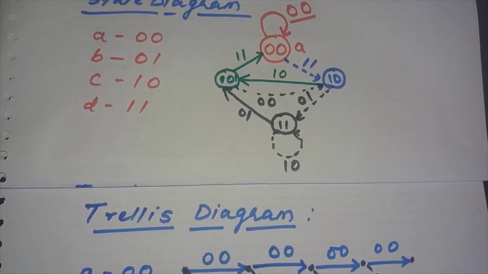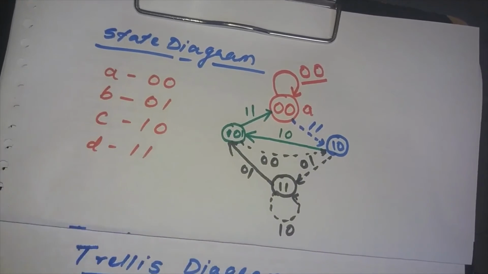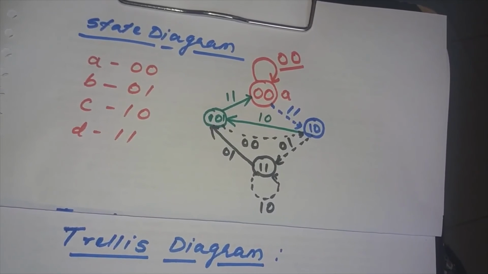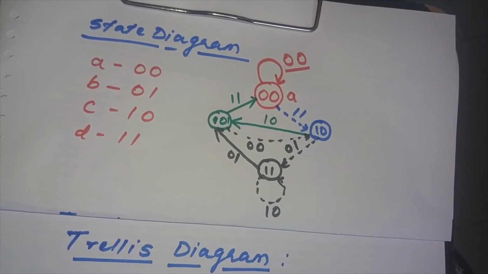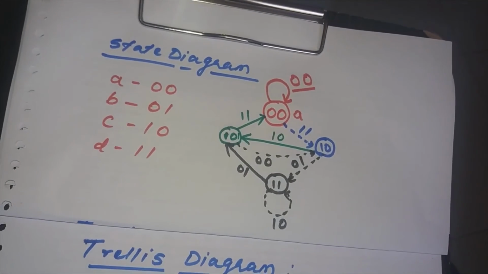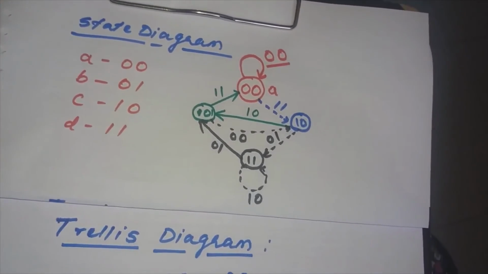The second condition is we are in state 01 and the input is 1. Then we move from 0, 1 to the next state 1, 0 and the output is 0, 0, which is indicated by a dashed line. So from state 01, we move to the state 10. So we show it with a dashed line.